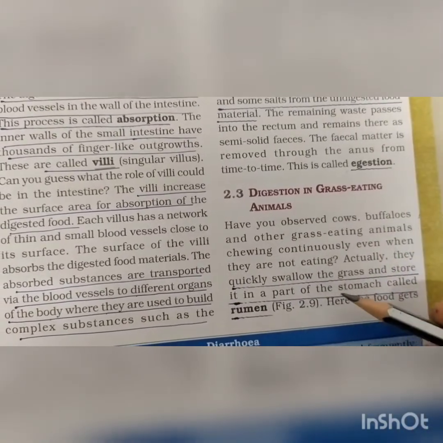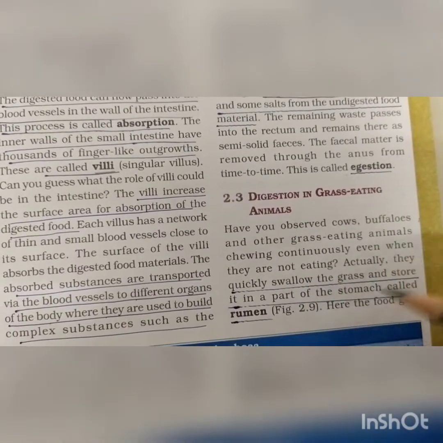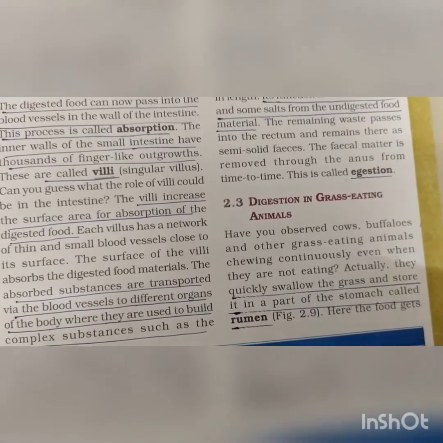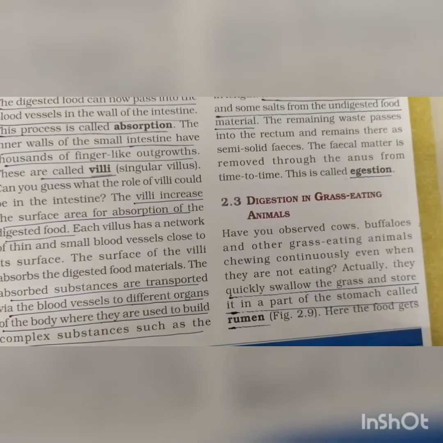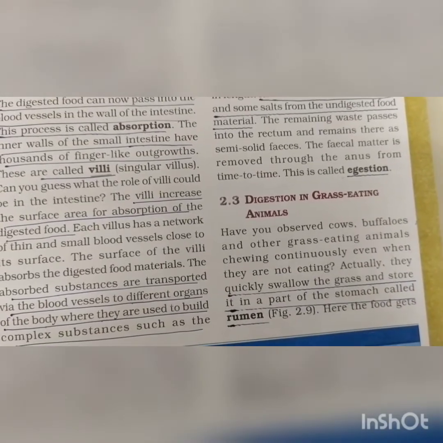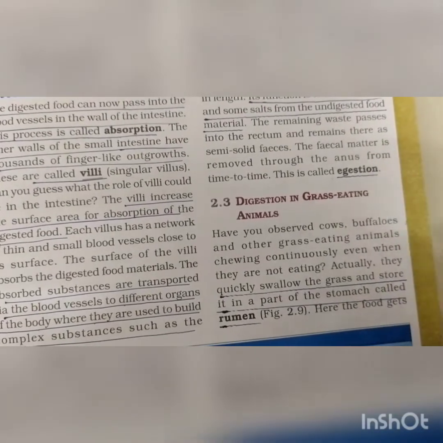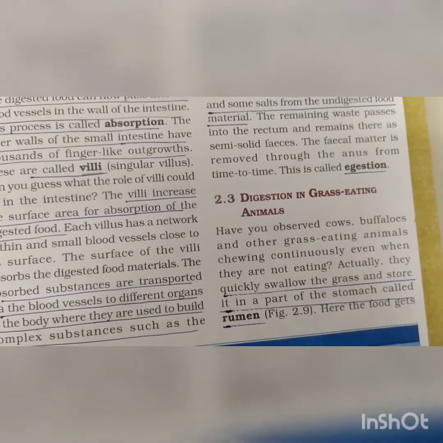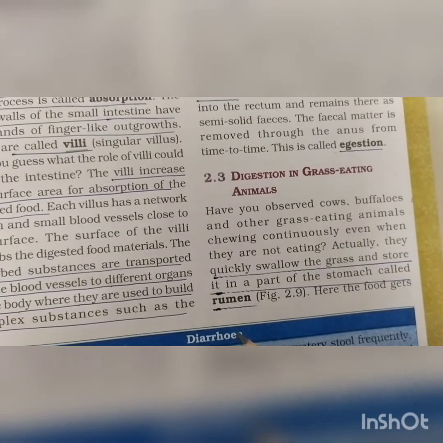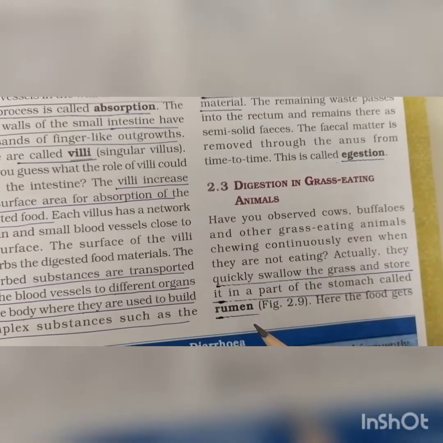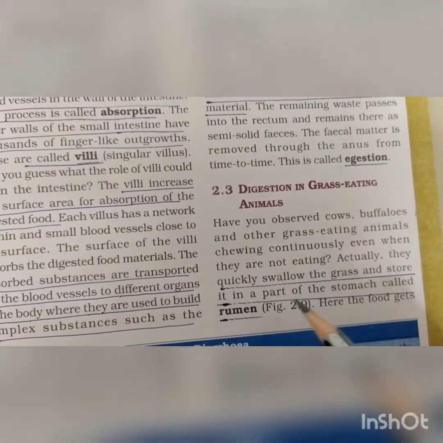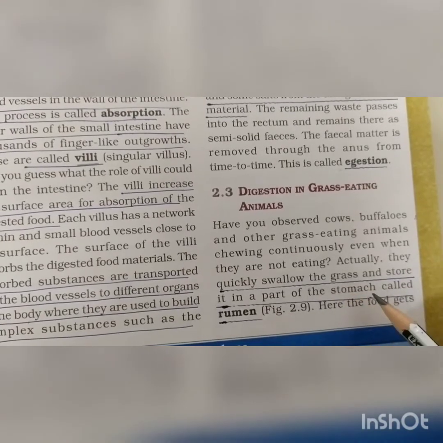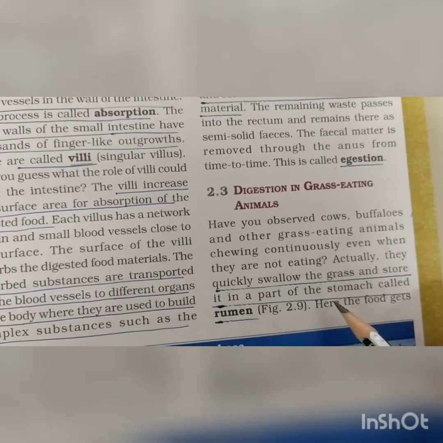We can see cows, buffaloes and other grass-eating animals chew continuously, even when they are not eating. Isn't it? Yes, they quickly swallow the grass and store it in a part of the stomach, and that part is called rumen.